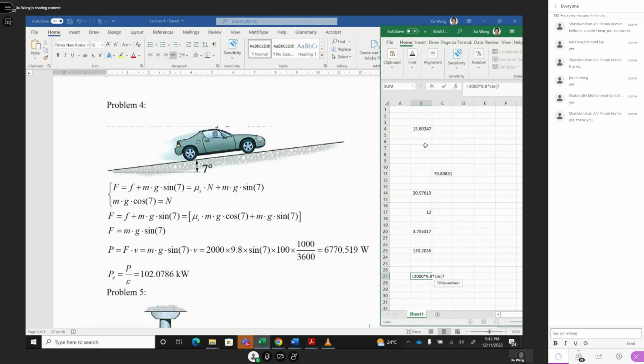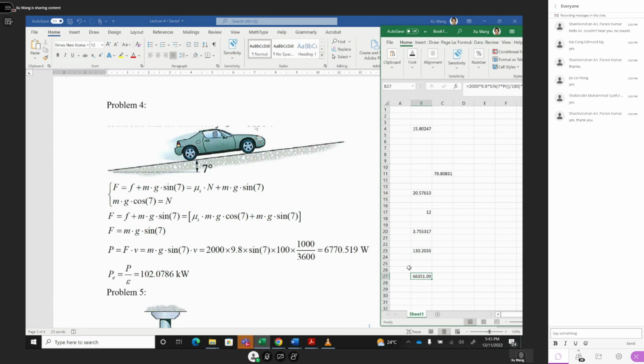Remember the 7 degrees is not in radians, so change it to radians by multiplying by pi divided by 180. That's why I multiply by 100 kilometers per hour, and change to SI units, 1,000 meters divided by 3,600. This should give you the result.